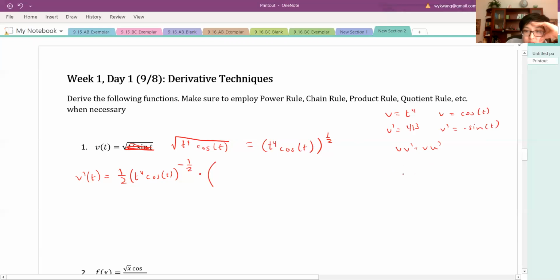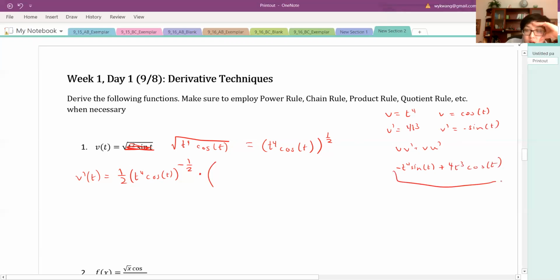Let's just write that out. So negative t to the 4th sine of t plus vu prime. So v is cosine of t. u prime is 4t cubed. So it would be 4t cubed cosine of t.